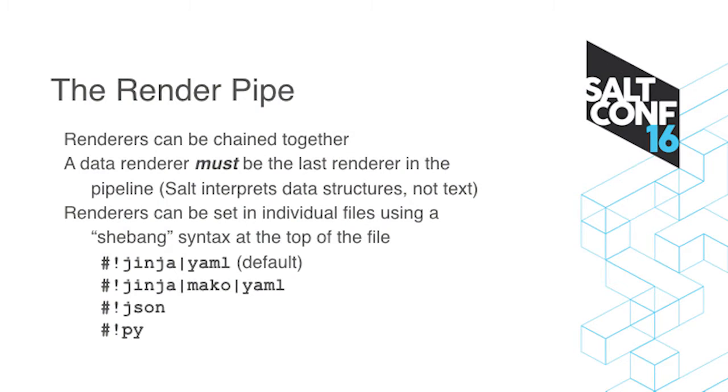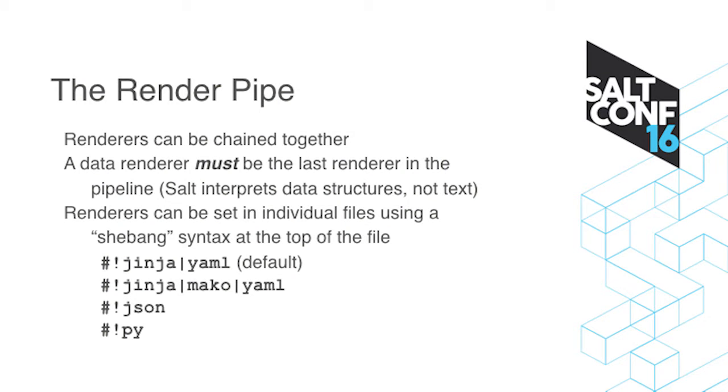So if you're using anything other than the standard renderer setup, which is Jinja combined with YAML, you have to make sure that the last renderer you use is a data renderer, or else errors will occur.